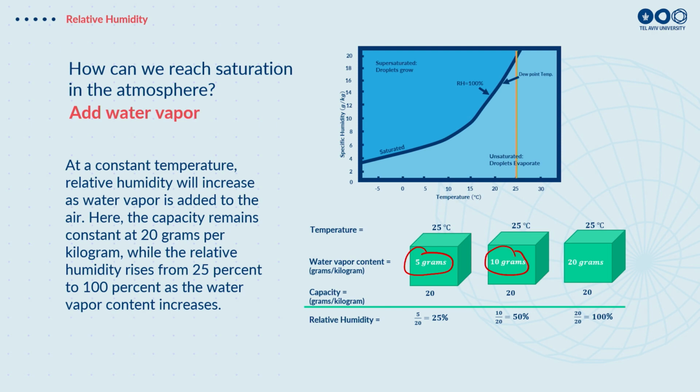And now we add more water vapor, we double that again to 20 grams, 20 out of 20 is 1 or 100%. So by simply adding water vapor, we can reach saturation. So by knowing what the temperature is and knowing how much water vapor, we can calculate what the relative humidity is in the air.